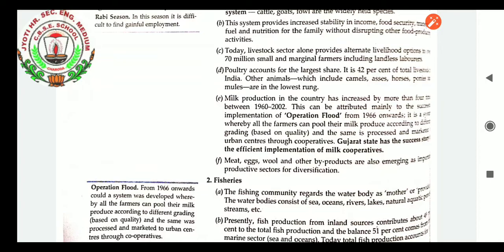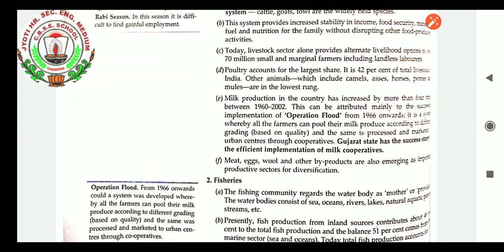It is a system whereby all the farmers can pool their milk produce according to different gradings based on quality, and the same is processed and marketed in urban centers through cooperatives. This standardization and grading of milk products can also be done in rural areas, but actually it is done in the urban area when it comes to industries.